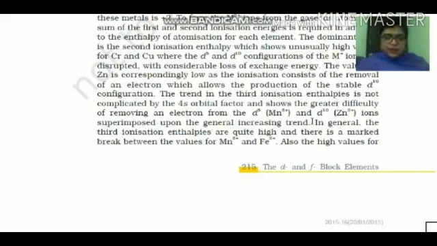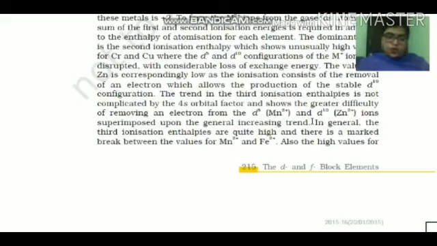But if I talk about the third ionization enthalpy of iron, it will be quite low, because iron has atomic number 26 and its last two configuration is 3d6 and 4s2. So after removing 3 electrons, it will be 3d5.